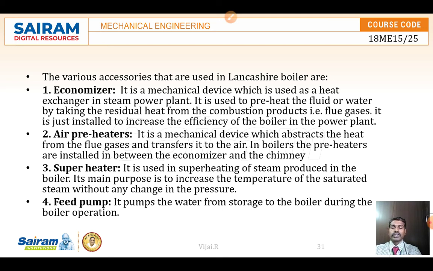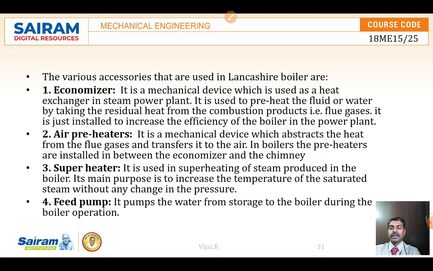Then the economizers and preheaters are very important accessories which improve the performance. The economizer is used to heat the water, turning it into warm water before it becomes steam, so that it increases the efficiency of the boiler.